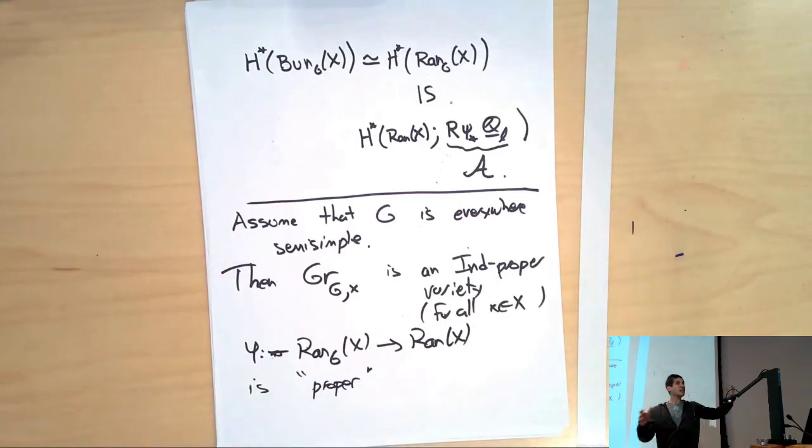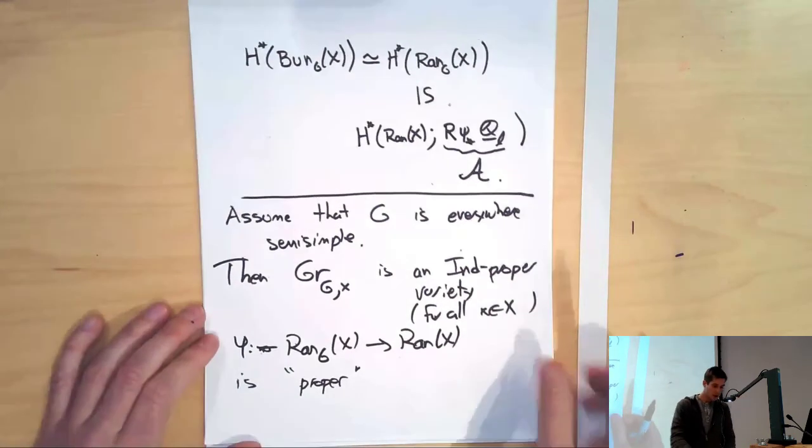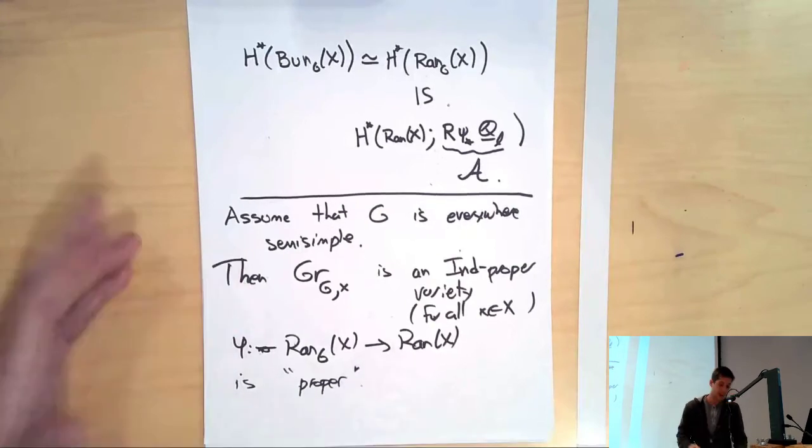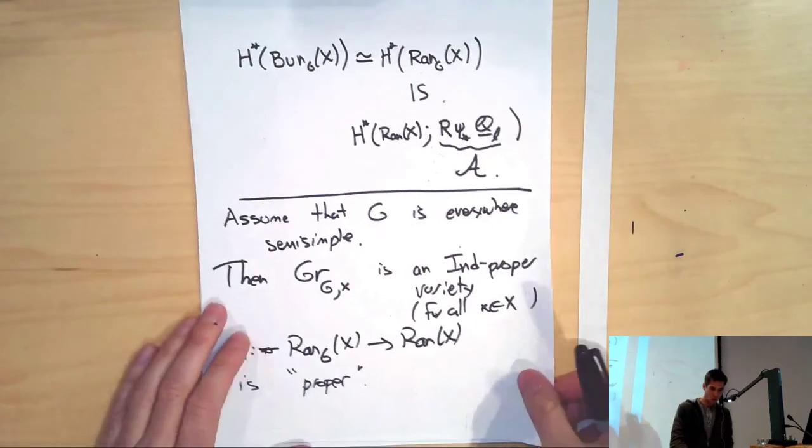More precisely, if you take the inverse image of any scheme, then you get something that's a direct limit of projective schemes over it. And a consequence of this is that the proper base change theorem applies when you want to understand what this structure, what this sheaf A looks like.